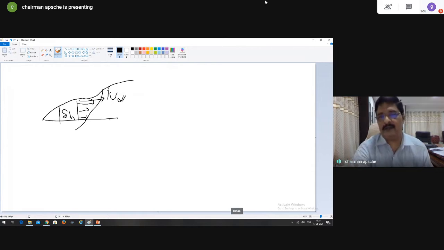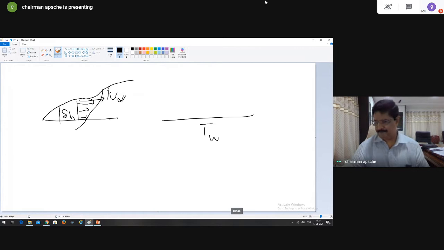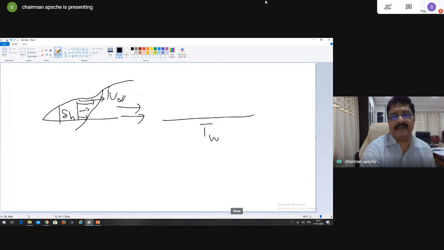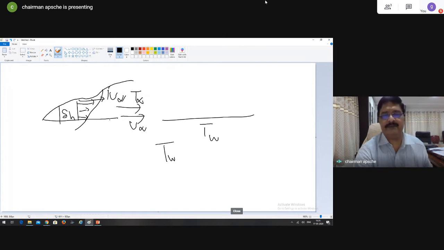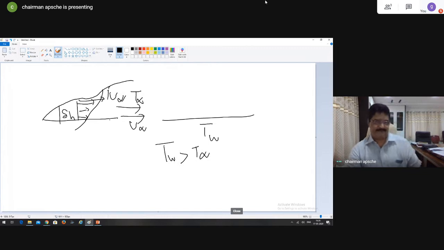Thermal boundary layer. The thermal boundary layer is again almost similar to that. Let me say the wall temperature is TW. The surface temperature is TW. Let me say some fluid is traveling even before it reaches the plate. It had a temperature of T infinity. TW is greater than T infinity, meaning it is a hot plate that is kept in the fluid flow region.